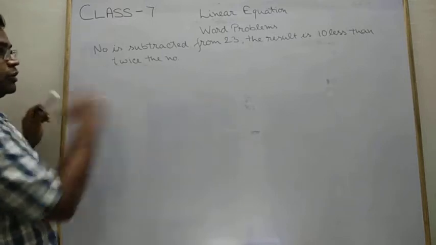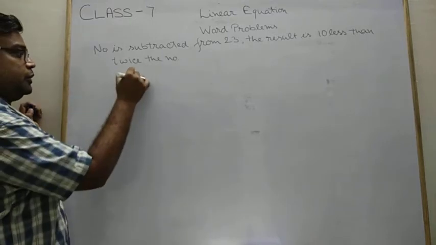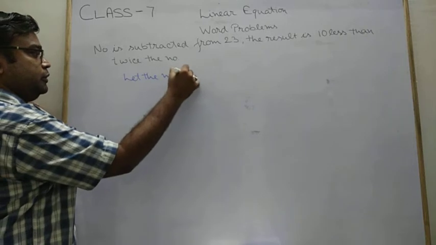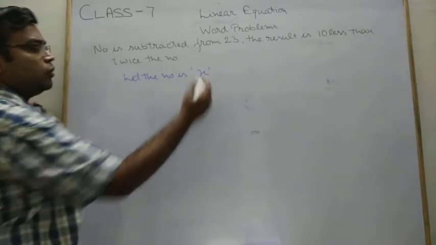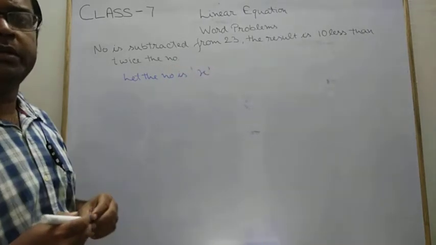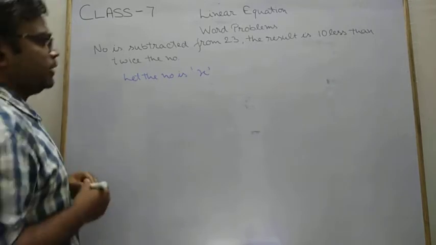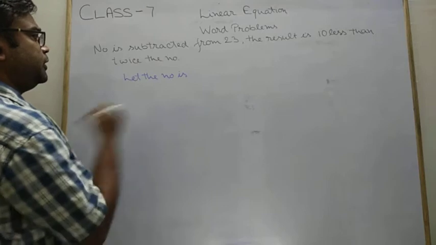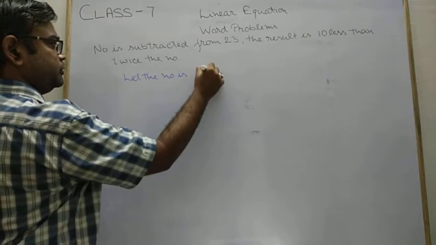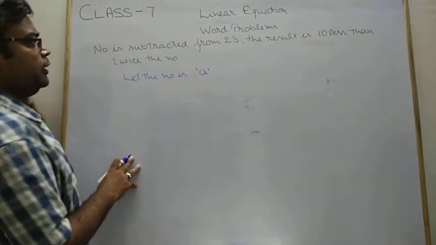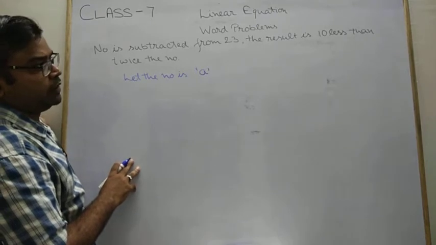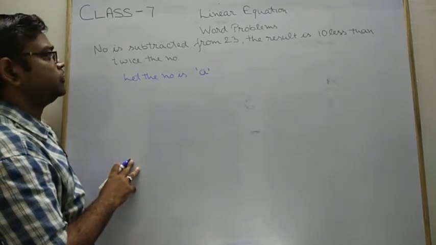First, this is the first part. Let the number be x. You can choose any other alphabet, A, B, C, D also. For your convenience, I am choosing the letter a. Let the number be a. Clear? Now it says that the number is subtracted from 23 and the result is 10 less than twice the number.